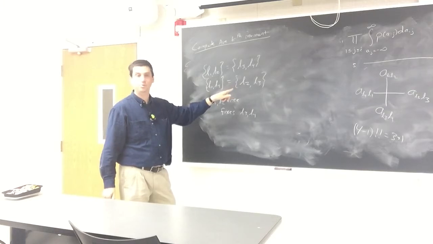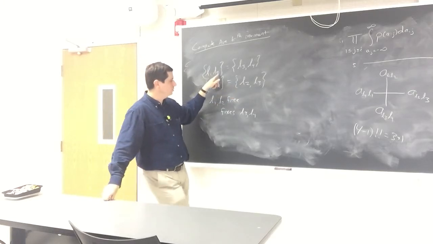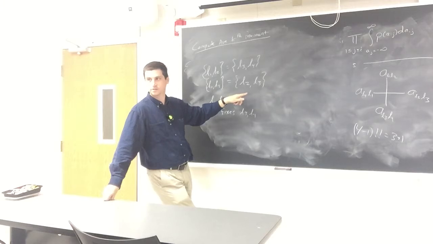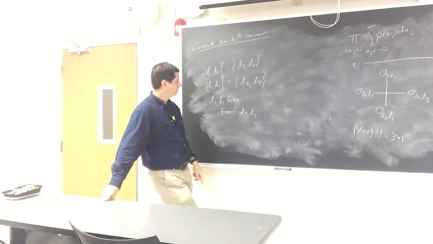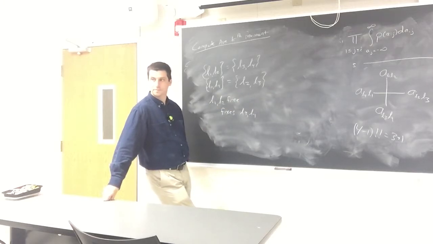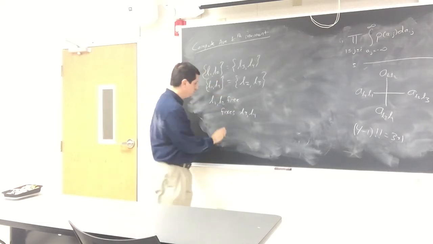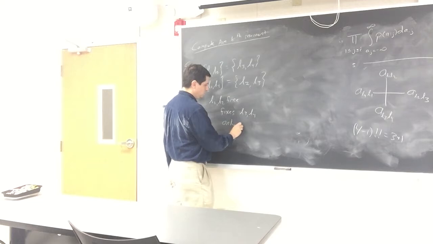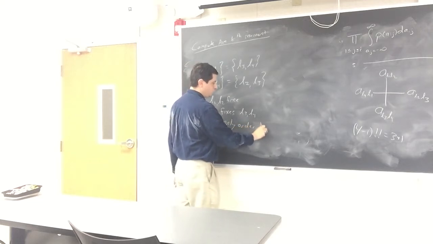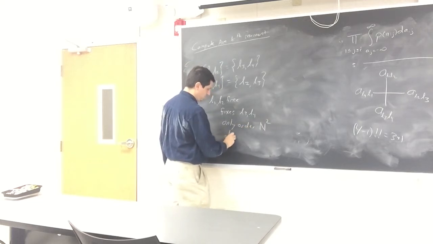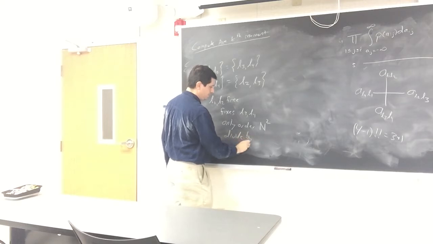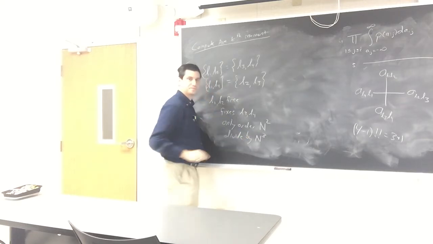It may not be doable. Not all choices of L1 and L2 will actually work. Even if they did, however, this is only order n squared. And we divide by n cubed.